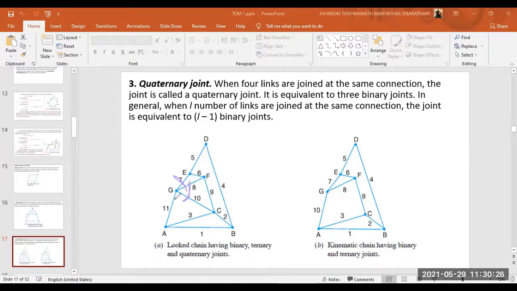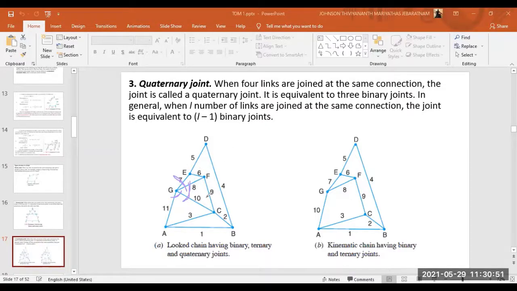G, C and G, A I can consider as another binary joint, right? So what's mentioned here is equal to 3 binary joints, right? So this is one binary joint, the other one is another binary joint, and the third one is the third binary joint, right?